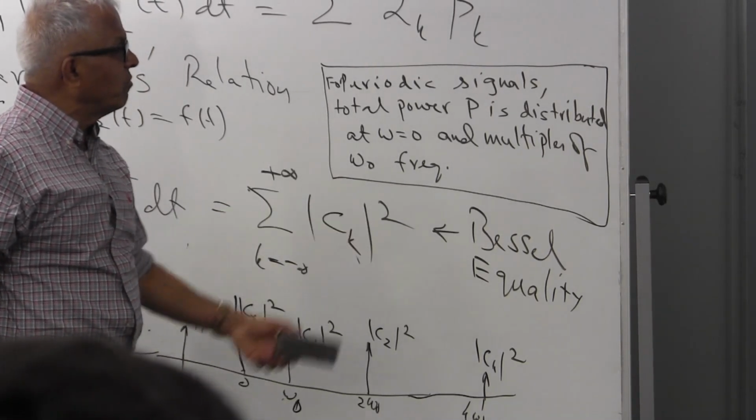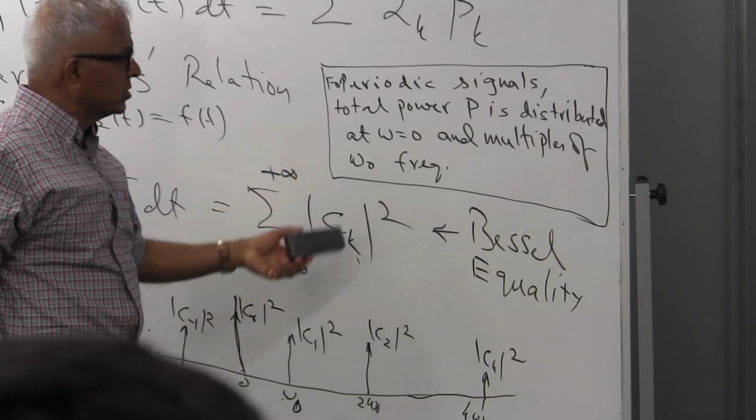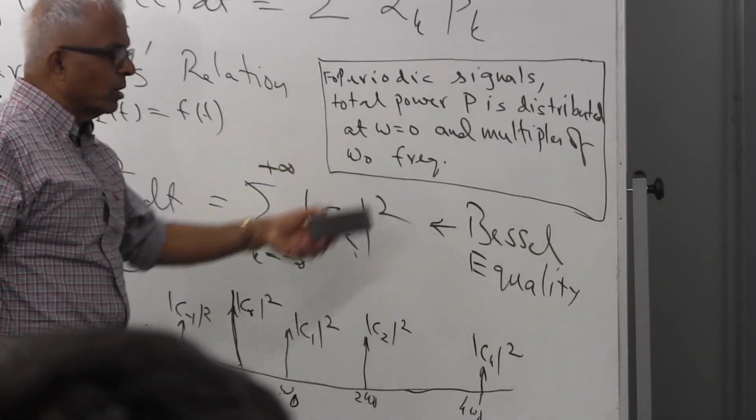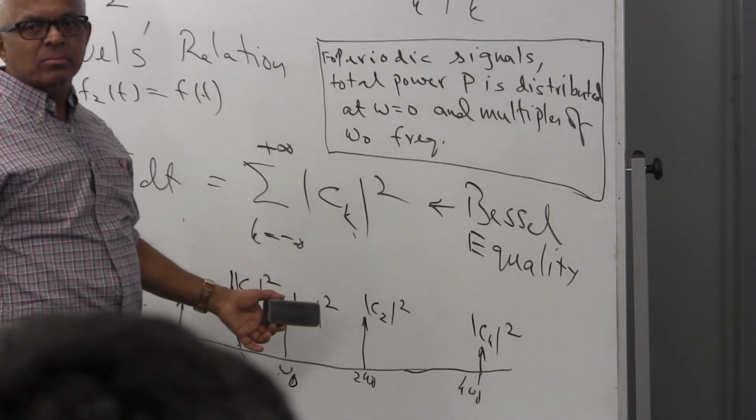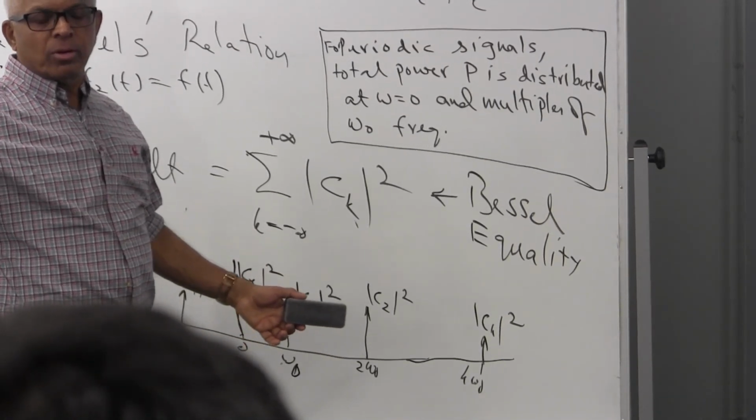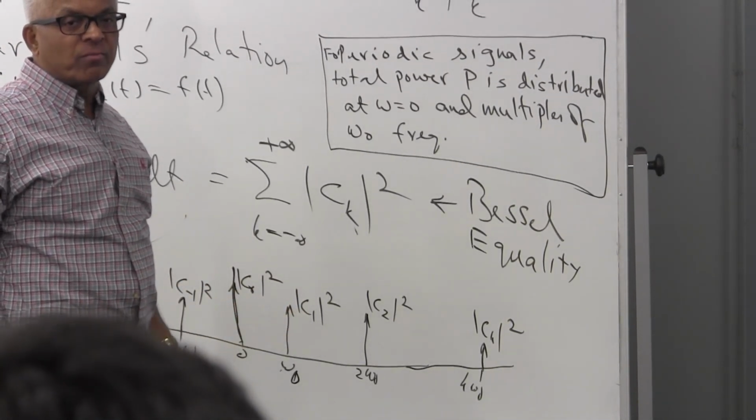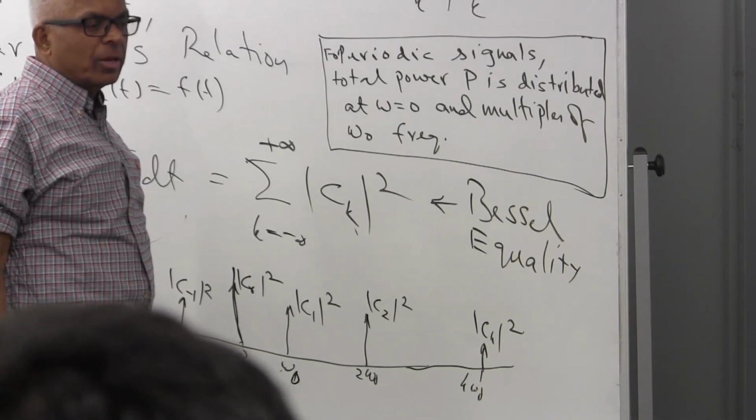Omega naught we call the fundamental frequency, we already said. And you can conclude there is no power anywhere else. So power is discretely distributed for a periodic signal.